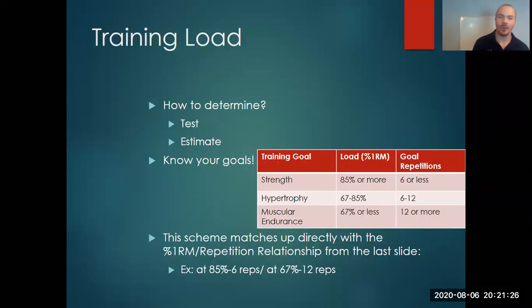Okay, so our training load, how do we determine it? Well, we can test. Again, we can actually go up to a 1 rep max, which can be kind of nerve-wracking if you have new or beginner athletes and lifters.